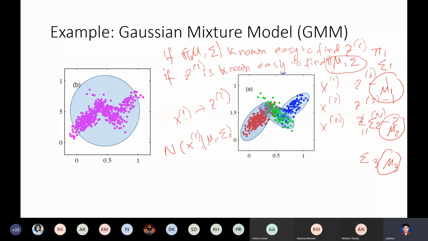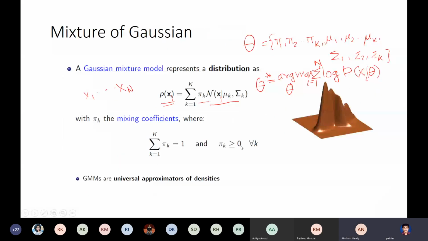See, the definition of the probability distribution is not just based on mu and sigma. It also needs pi. This is the expression for the distribution. So pi is a global variable. For any x you take, the pi value is the same.